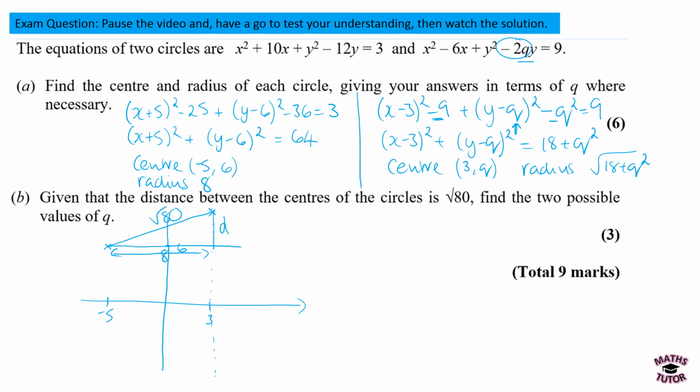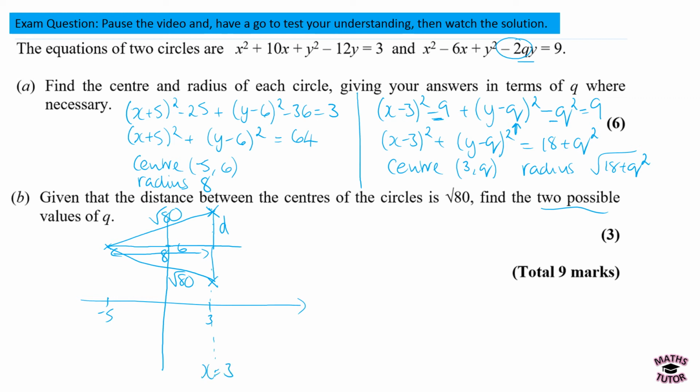Now the centre for the second circle could be up here, or it could also be down here where we've got the distance between the two centres again is going to be root 80. So it's saying give two possible values of q. The centre could be in line and above or below along this line x equals 3.